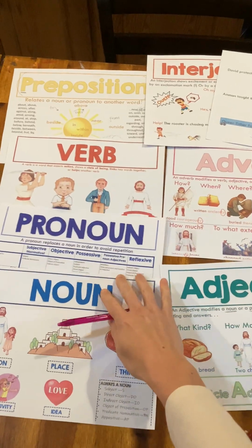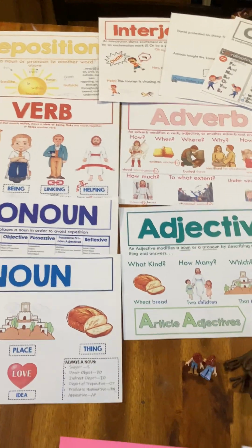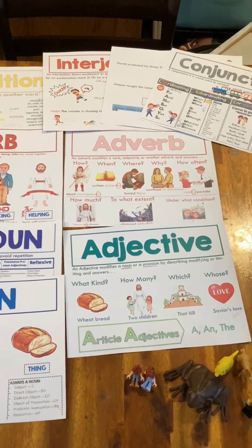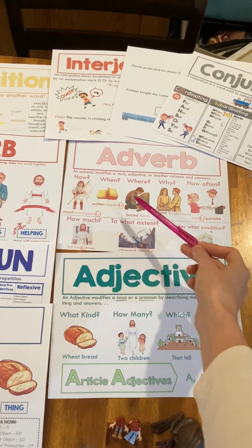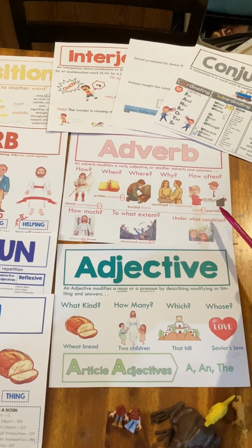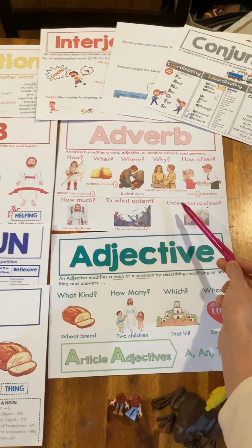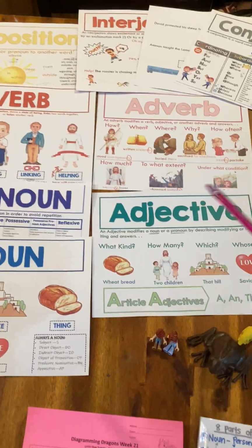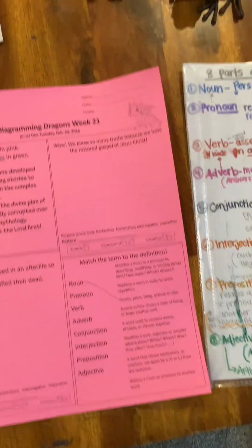And so if we sing our adverb song, we would sing: an adverb modifies a verb, adjective, or another adverb, and answers the questions how, when, where, why, how often, how much, to what extent, and under what condition. So those are pink. If it's modifying a verb, then you know it's an adverb.